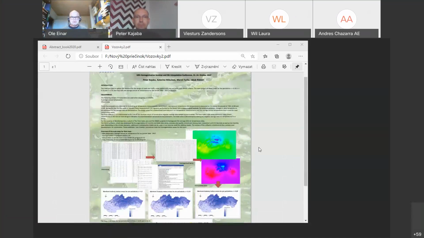Do you have a possibility to make it available for all of us somewhere on a server? Yes, of course. Then you can put the address in the chat or provide it to the organizers. Okay, thank you very much.